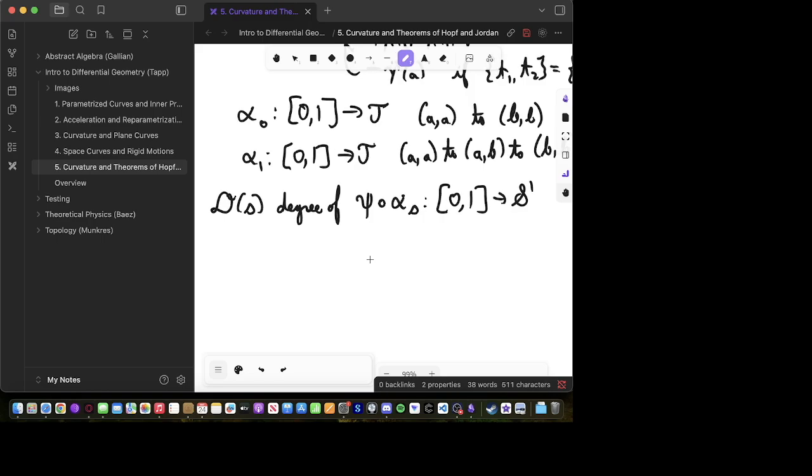Then we have that the mapping from s to the degree d of s is locally constant and therefore continuous on the interval.